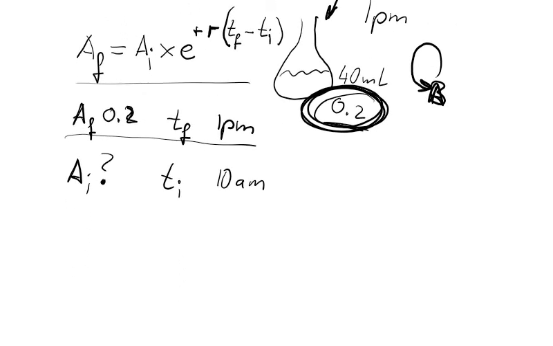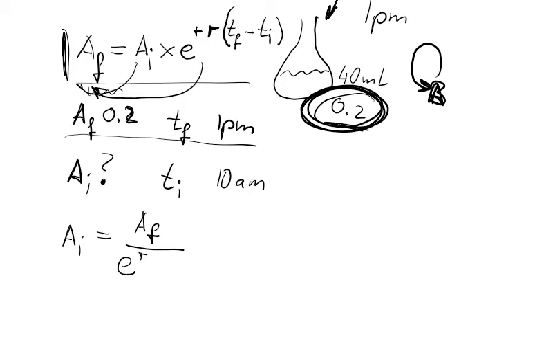And with that, we can now plug these numbers into our equation. Or rather, we can try and rearrange this equation. We bring that to that side, and we have A initial equals A final divided by e to the power of r times the time difference.